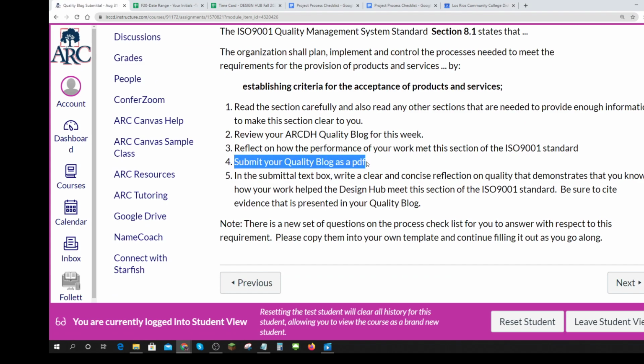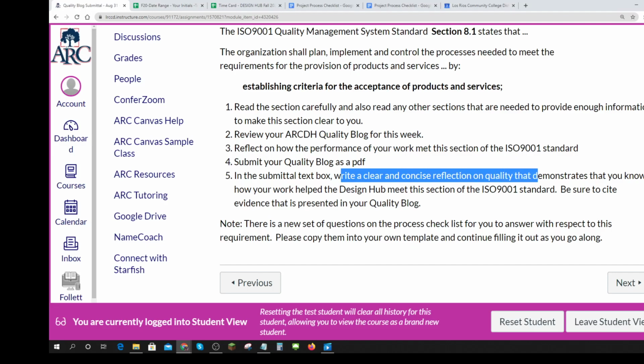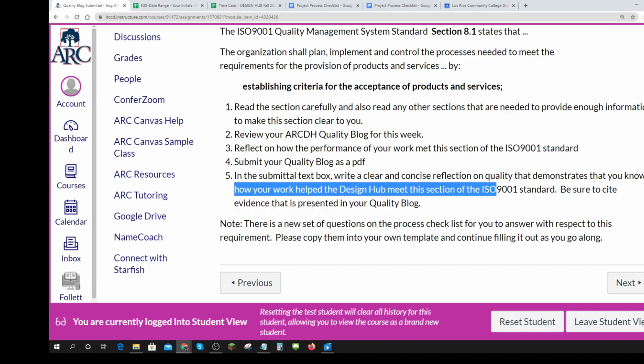Submit your quality blog as a PDF, and in the text box, this is the important part. This relates to what we just talked about. Write a clear and concise reflection on quality that demonstrates that you know how your work helped meet the standard. Okay? So you want to sort of reflect on what we've talked about so far. Do you know the requirements?